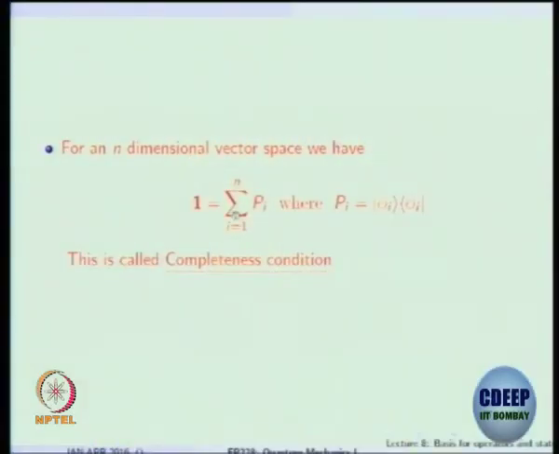For a 3-dimensional R3, I have to give you i cap, j cap and k cap. If I just give you i cap and j cap, it's not complete. You all agree? So, this condition that the sum of all the projection operators of a given basis set is identity is what is called the completeness condition.